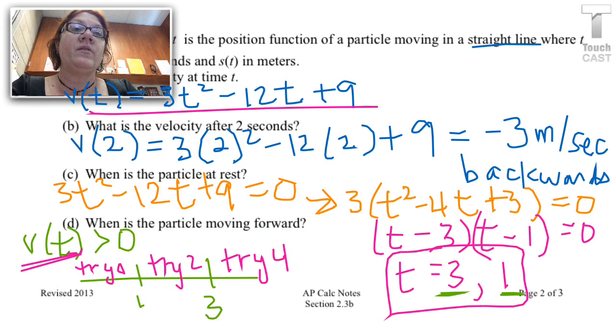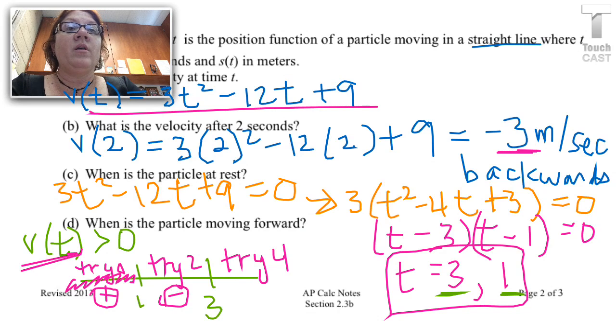So let's see, if I try 0 and I plug it in, all the terms are going to cancel out except for the 9, so that'll be positive. Oh, well, I definitely want to keep that then. If I try 2 and I plug it in, I already know what happens. I get a negative 3, right? Because that was up here in this answer. So I don't want that, because that means it's moving backwards. And if I try 4, I'm going to have 48 minus 48 plus 9.